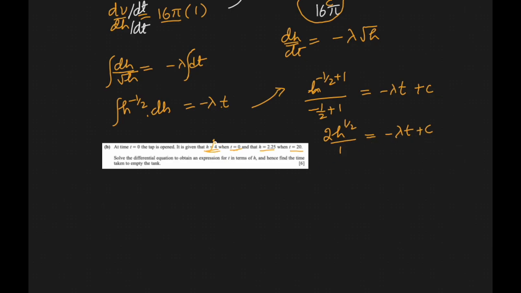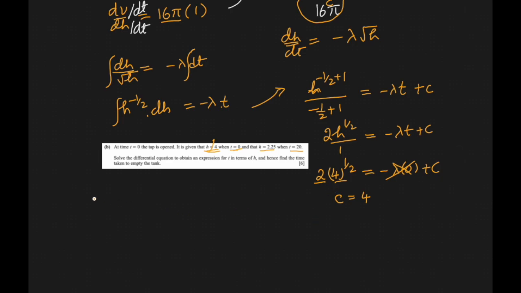So first condition: h is 4, that means 2 times 4 to the power half, equal to negative lambda times 0 plus c. So this 0 cancels it out. So c is equal to 2 times 2, 4. Yeah, we got 4 straight away.